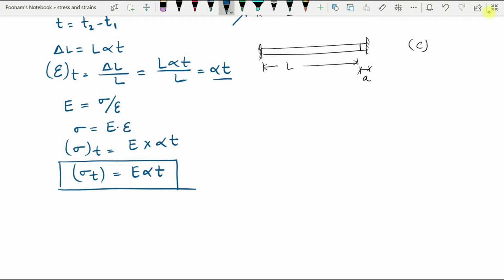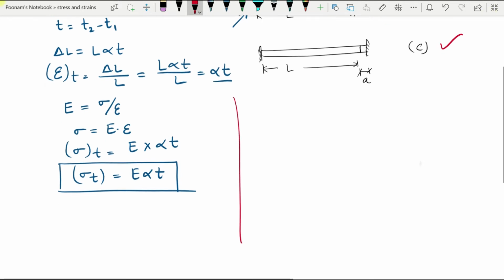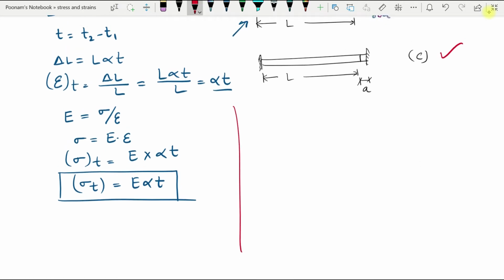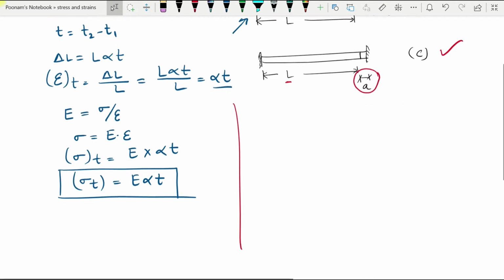Now let us consider one more situation as discussed here in diagram C. In diagram C, the original length of the bar is L, but some yielding at the support is allowed. This yielding equal to A is allowed. That means you can say that some expansion equal to A is allowed, and after that the expansion is prevented.